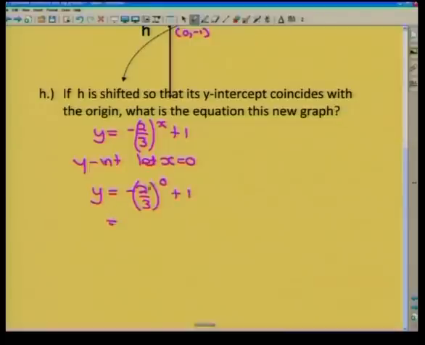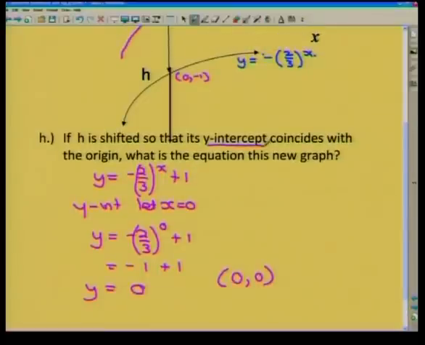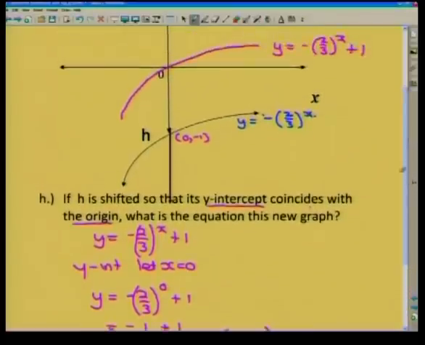Now we know anything to the 0 is 1. If we work it out, we get 0. So the coordinate would be 0, 0, which is precisely what we were asked to do in the question. They wanted the y-intercept to coincide with the origin, which is exactly what this pink graph is doing. So it's nice and easy. All we had to do is think about the movement, and then remember, if it's a vertical shift, we add the number. Right, are we clear on that?